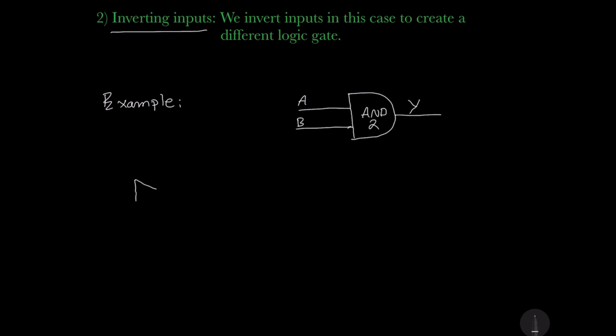So that means we have to add an inverter to both the inputs. So we will redraw that logic gate. So that's my inverter for the A input. Okay, and I'll redraw that logic gate.